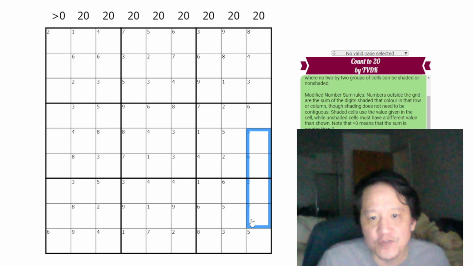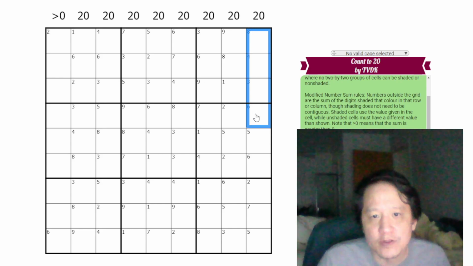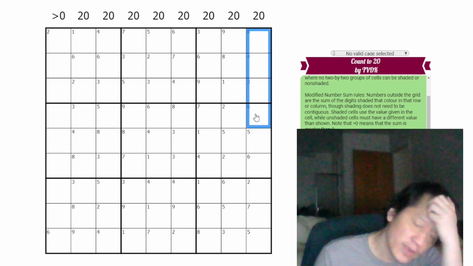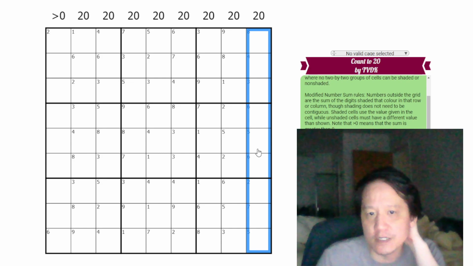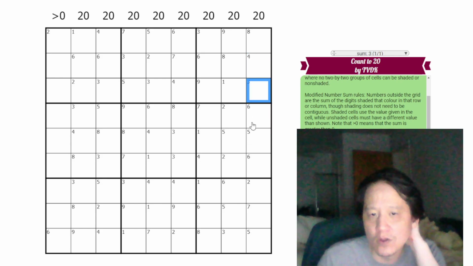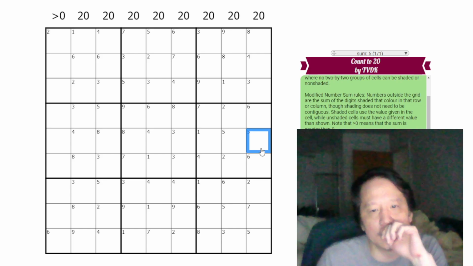There has to be some shading here. If none of them are shaded, it would add up to 0, because the numbers outside the grid are the sum of the digits shaded that color.